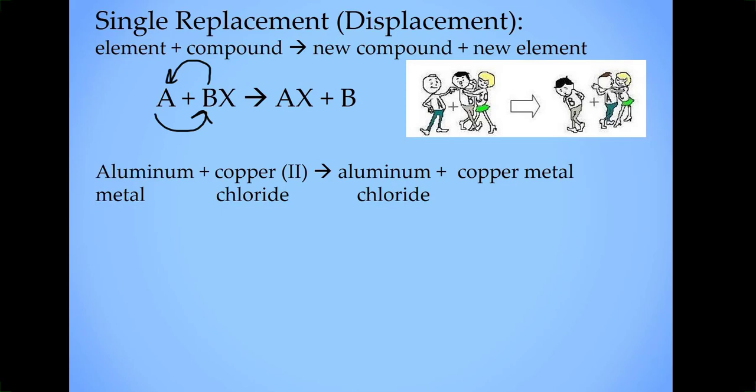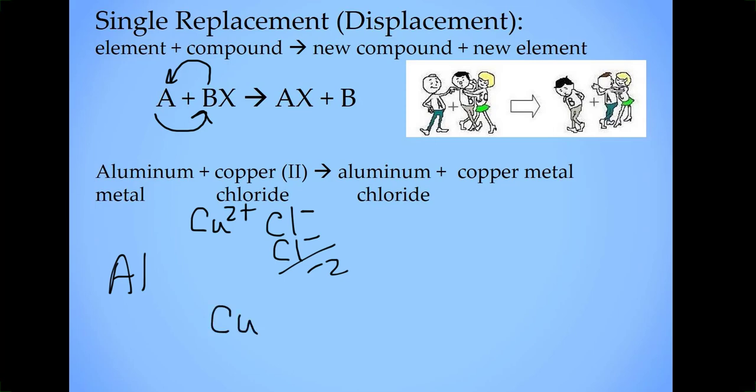We end up with a new compound and a new element. Here's your example. We have aluminum metal, and it's just the metal atom, so I can just write Al. Then we have copper(II) chloride. Copper has a +2 and chlorine is a -1, so I need 2 of those to give me that -2. I'm going to write that CuCl2.